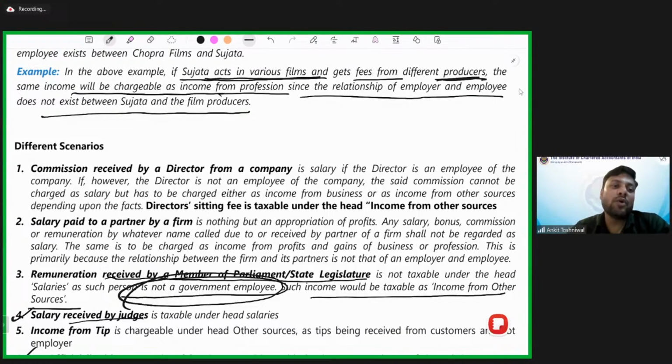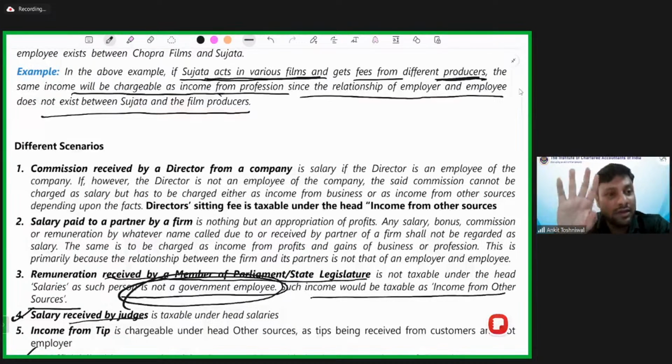Now, the same professor receives remuneration for checking examination papers of the university. Is such remuneration taxable under the head salary? If he is checking the examination papers of that college's students, then it is taxable under the head salary.